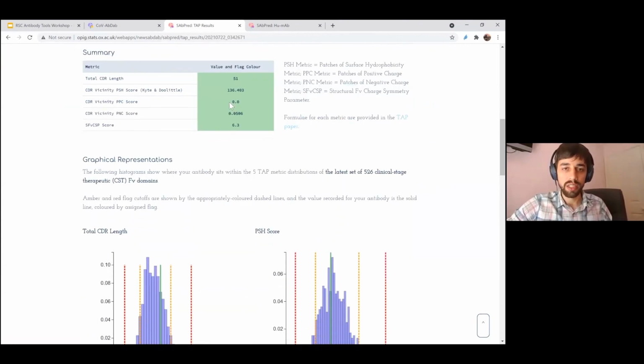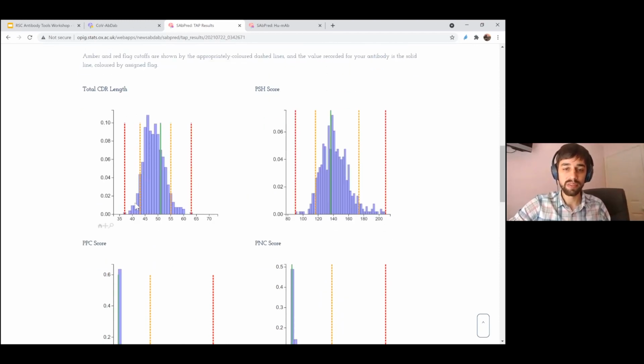What you can see here is that all 5 properties check out. It's not always the case that human antibodies are nicely developable like this. In fact, the TAP paper itself is somewhat predicated on showing that the distributions of these properties are different for therapeutics than for general human antibodies. But in this case, it looks like we've lucked out quite nicely, with 5 green flags.